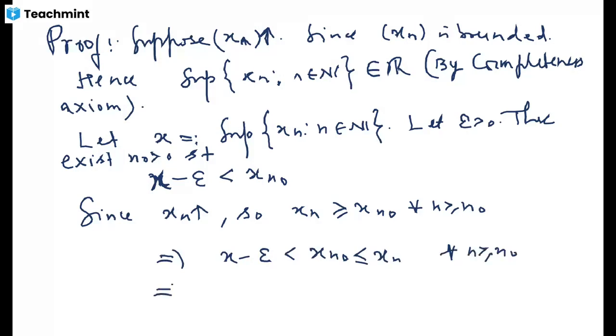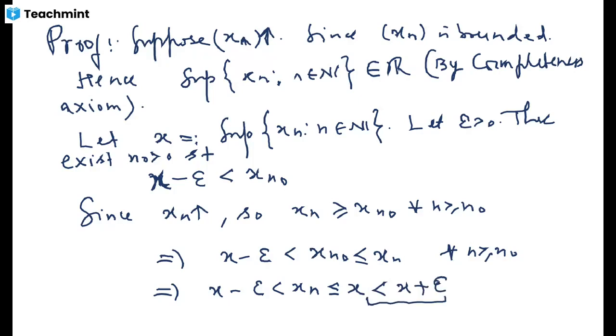But x is the supremum of all these terms, so each such term is going to be smaller than or equal to its supremum, and I can write this x to be less than x plus epsilon. This last term I have no issue in writing because it is always true.